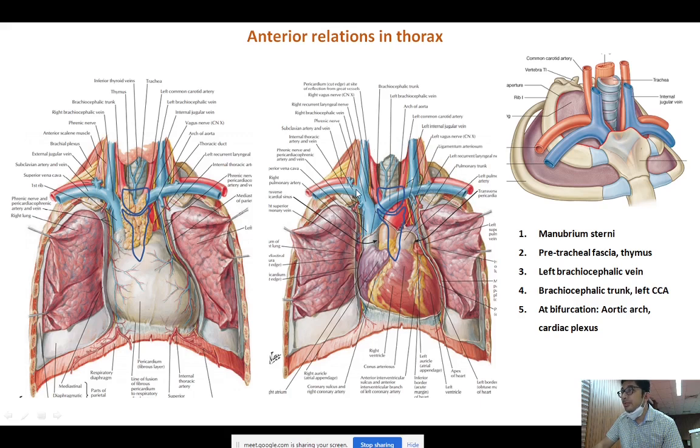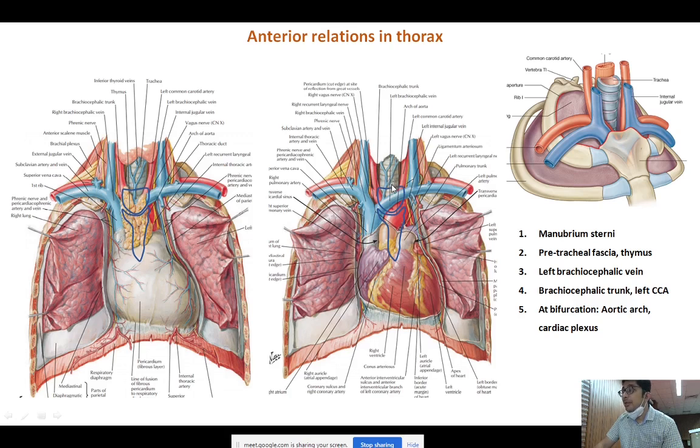Both the subclavian and the internal jugular form the brachiocephalic vein. Since it has to open on the right side to make the superior vena cava, the left brachiocephalic is elongated. So it has to travel a long distance to form the superior vena cava, which will drain into the right atrium. This is the left brachiocephalic vein which comes in front of the trachea in the thorax.